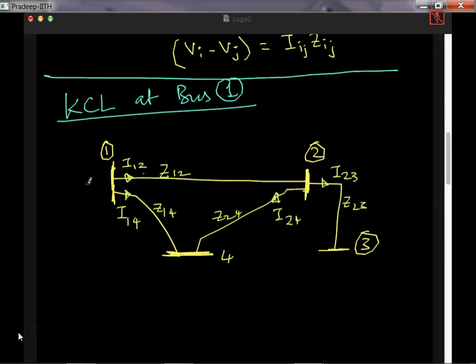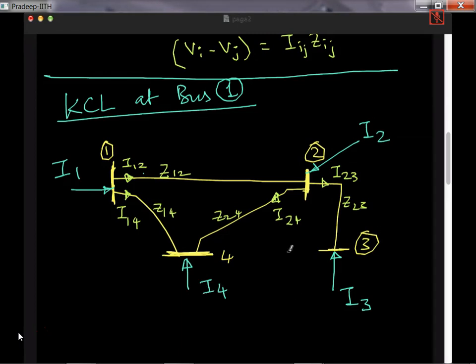So I will write I1. If there is a generator or load, then there is some value for I1. If there is nothing, then I1 will be equal to 0. Similarly at bus 2 I can consider current I2, here I can consider current I3, and finally at bus 4 I can consider I4.